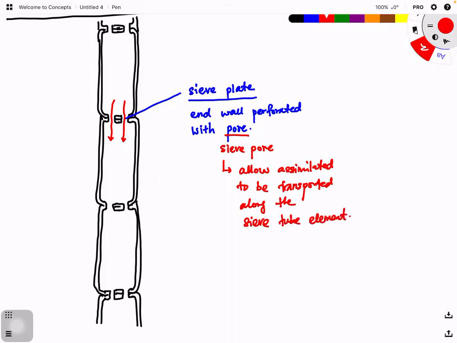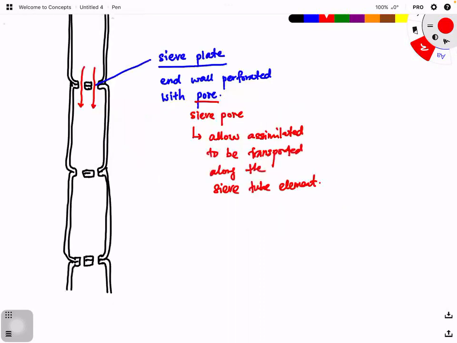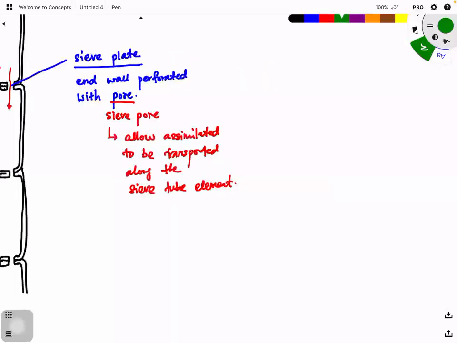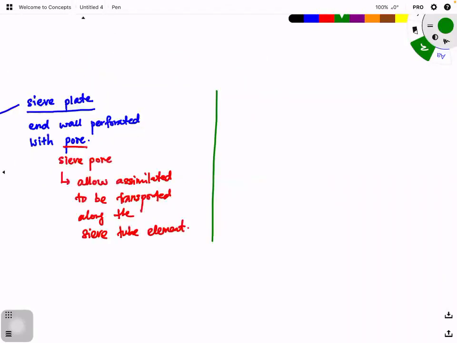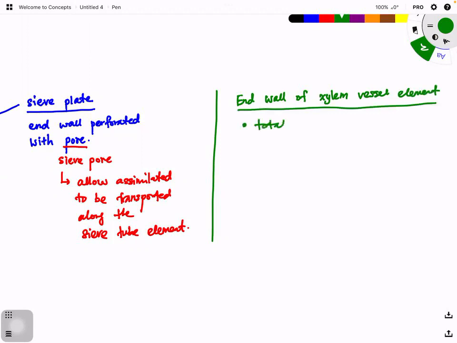Now compare with the end wall of the xylem vessel element. The end wall of the xylem vessel element is totally broken down.